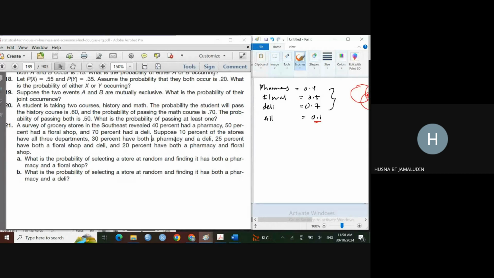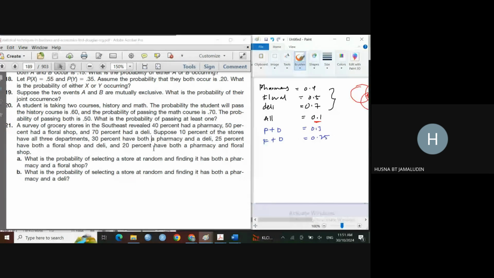Now let's continue. 30% have both pharmacy and deli, so pharmacy plus deli is 0.3. 25% have both floral and deli, so floral plus deli equals 0.25.